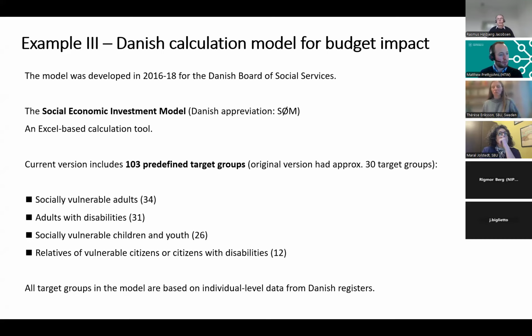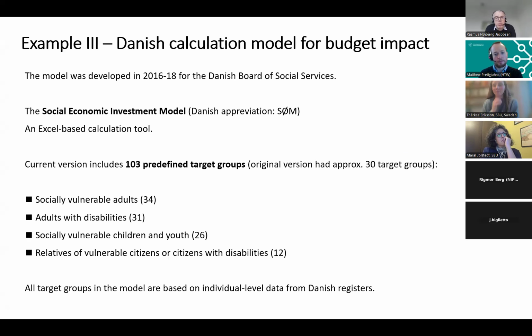You can only get to live in a shelter paid by the municipality if you register with your personal identification number. Therefore we know exactly which people it is, and we can use this information to define them as homeless in a given period. And similar can be used for the other target groups.